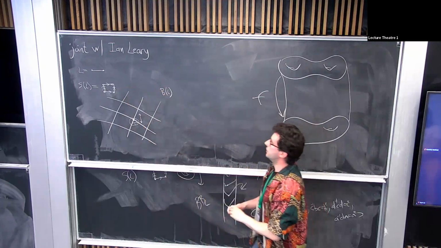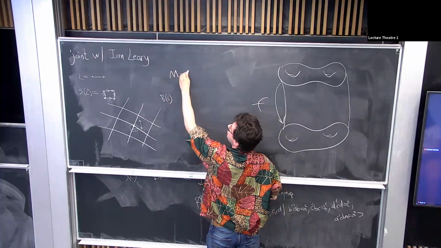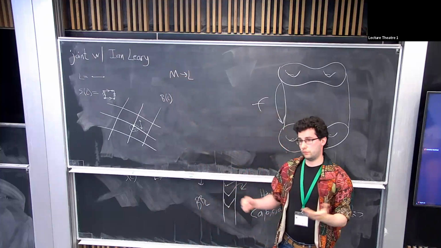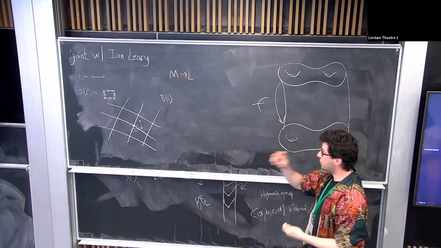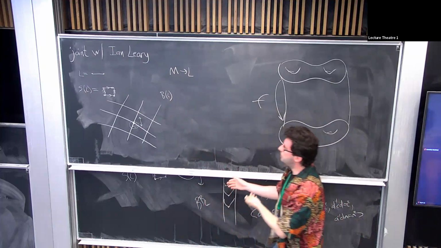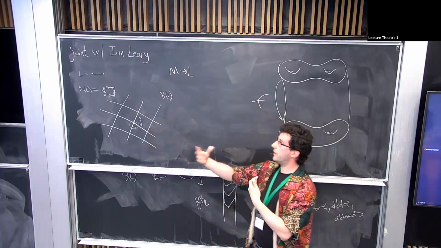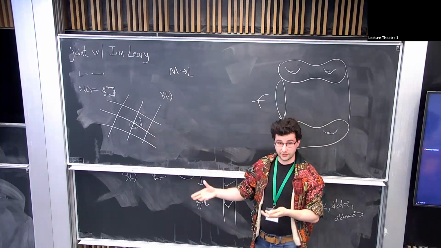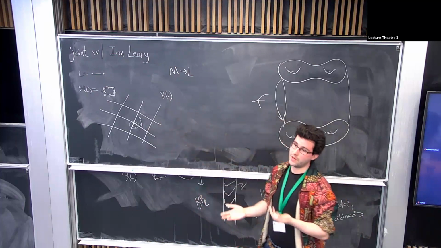So what we can do is, given some cover M to L, which, for example, we can just take M to be the universal cover of L, we can do a branching construction where we do a branched cover of the cylinder B of L. And the way that we do the branching is there is some input subset of the integers S, which tells us at which heights we do the branching.